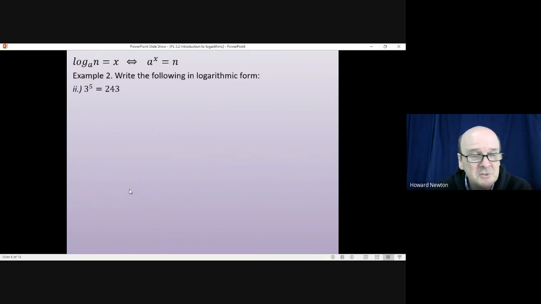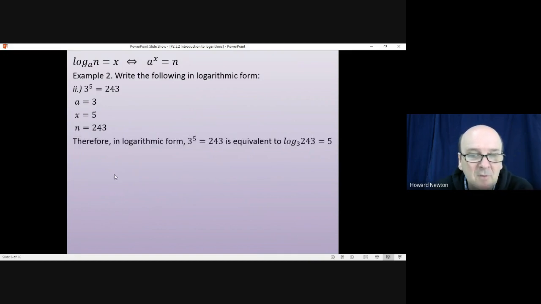The second question, 3 to the power of 5 is 243. A is 3, x is 5, and n is 243. Substituting those values in logarithmic form, 3 to the power of 5 is 243, is equivalent to log to the base 3 of 243 is equal to 5.